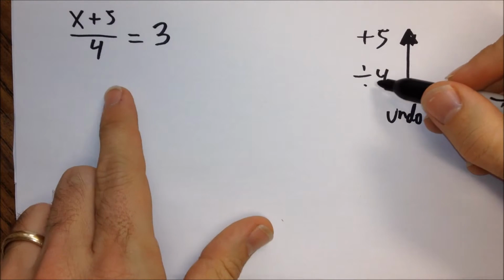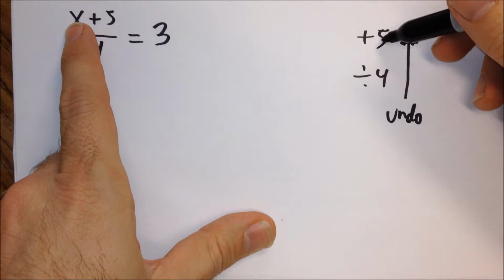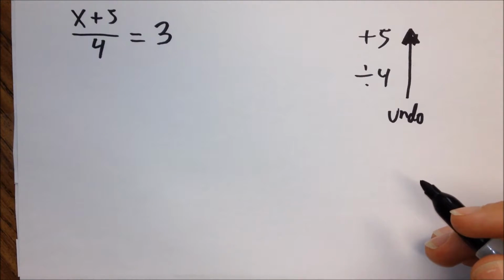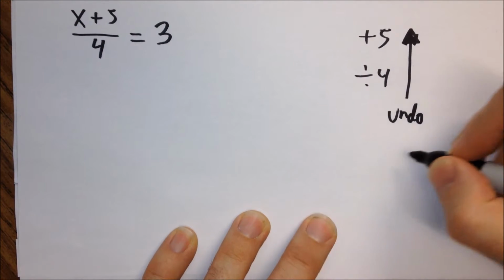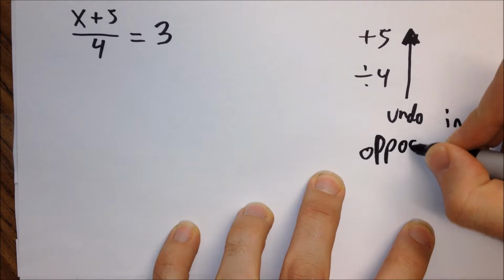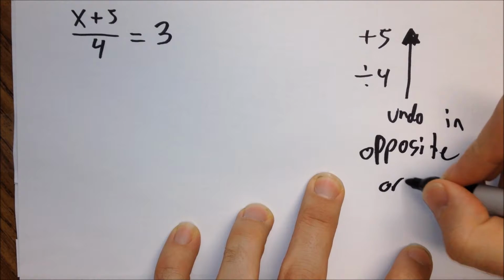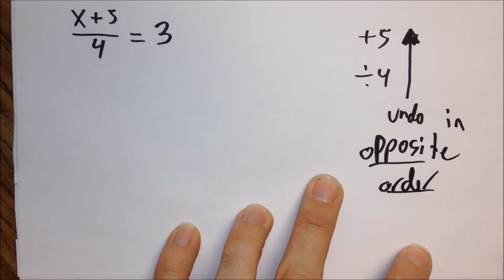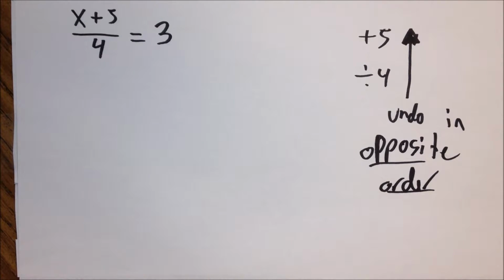So we undo our division first, and we undo our addition second. So what I always do is I always undo in the opposite order. I'll write that down. So we always undo in the opposite order from which they interacted in the original problem.